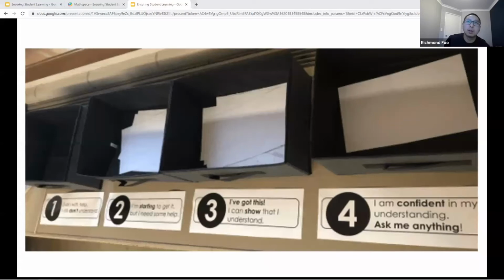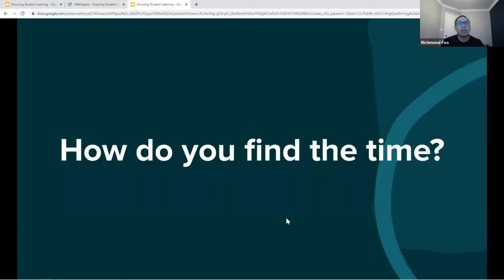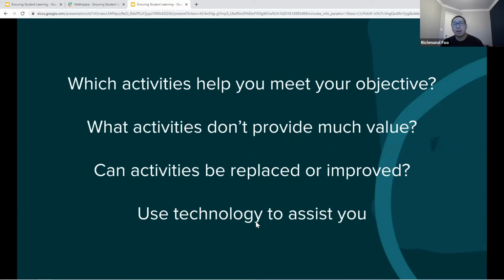But back on how to find the time, I do believe that formative assessment practices don't have to be these really large chunks of effort and time that you need to sink into it. I would suggest looking back at whatever you do in your classroom and asking yourselves these questions to just tweak what you're doing rather than completely replacing it.